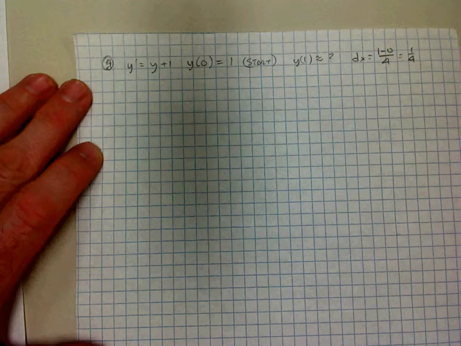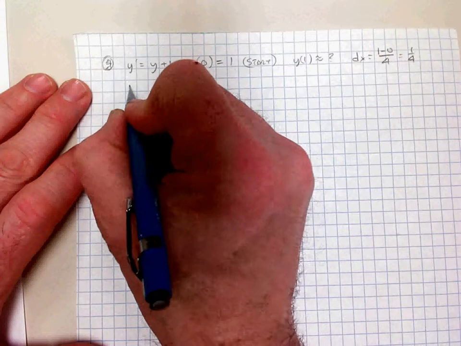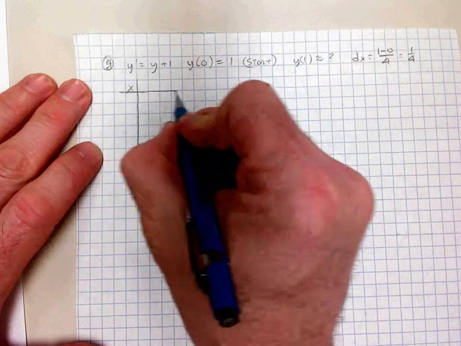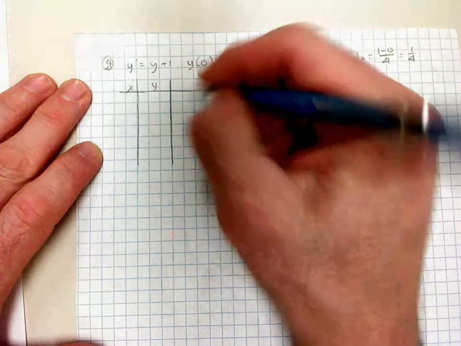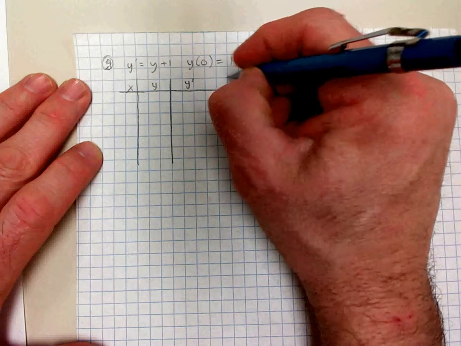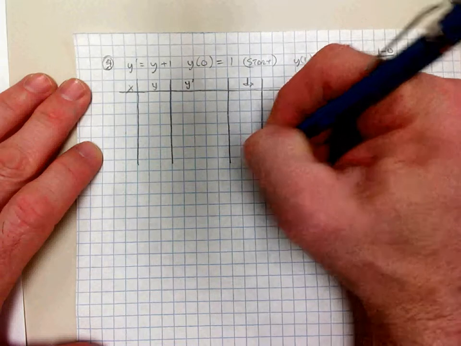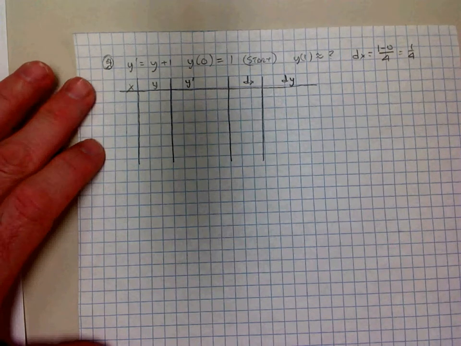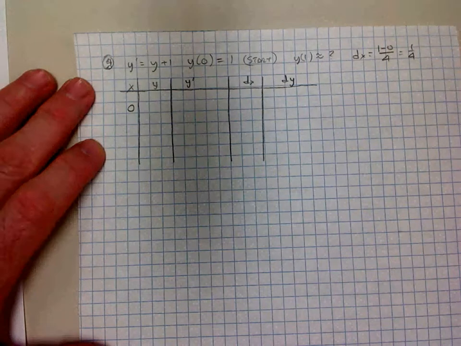So let's go ahead and use this to build our table, starting out with our x value. And then in our table, we need a y value, a y prime value, so a column for y prime, a column for dx, and then the dy value that we're going to use to find our next y. Let's start off here. X equals 0. We just calculated dx.